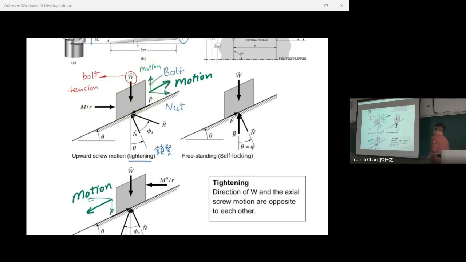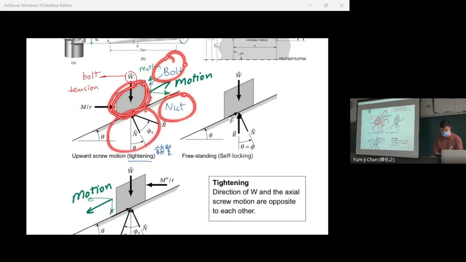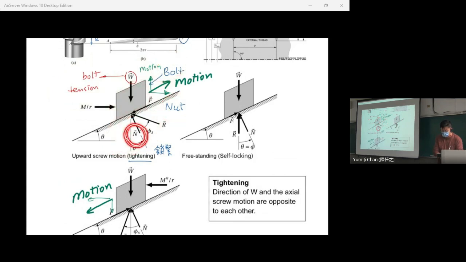In this case, because there is contact between the bolt and nut, we have contact, normal force, and we have friction.